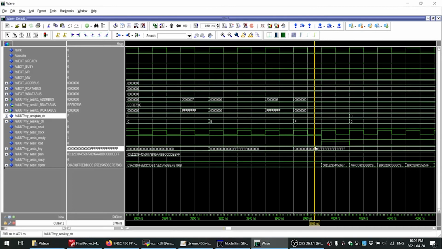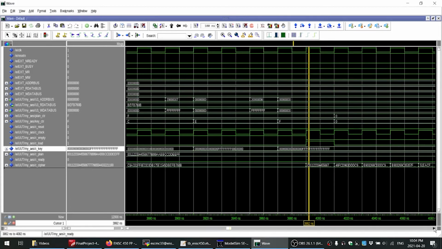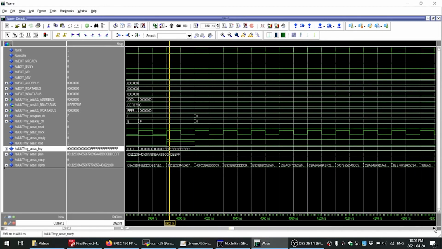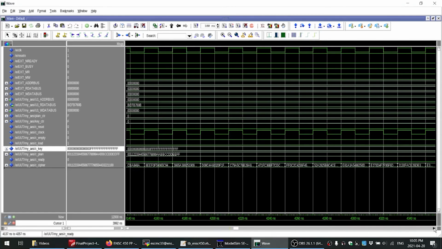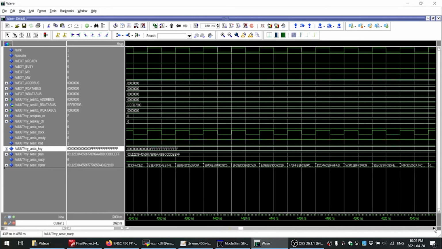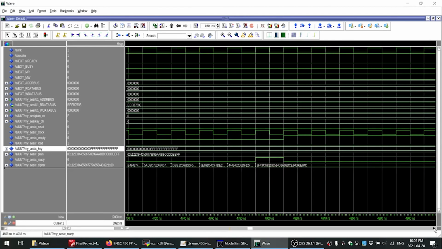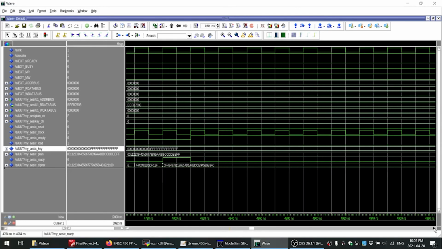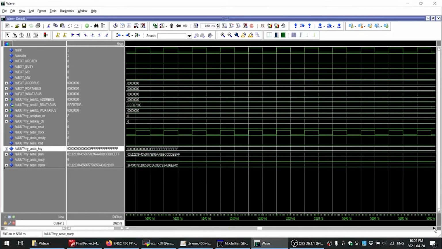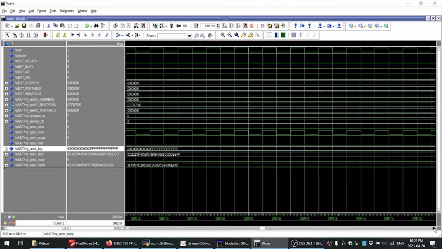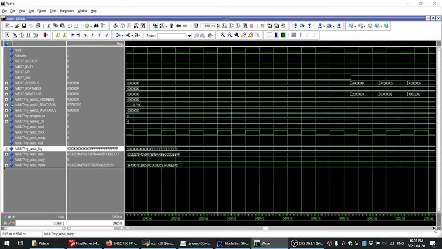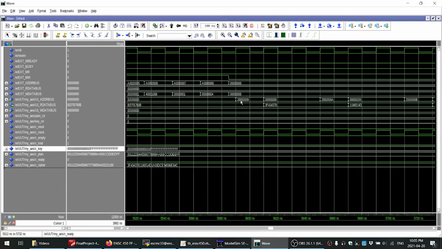And when both the inputs have been received, then the AES core starts computing again, and it produces an output, and this output is then again read by the DMA and written to the SRAM, and we can see that here.